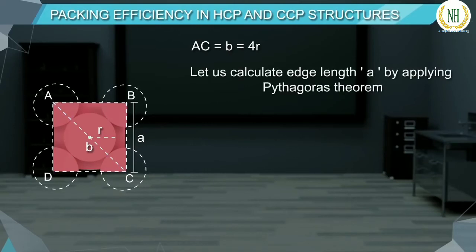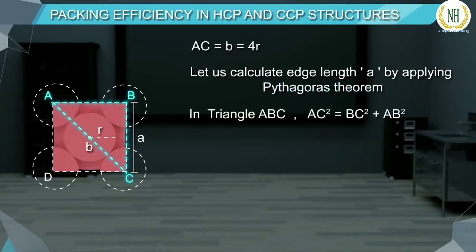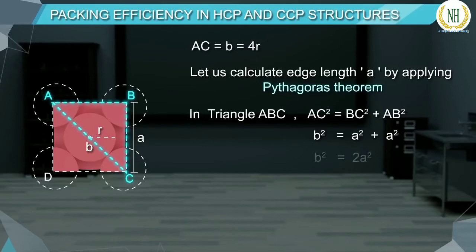Now, let us calculate edge length a by applying Pythagoras theorem. In triangle ABC, AC² is equal to BC² plus AB². b² is equal to a² plus a². b² is equal to 2a².